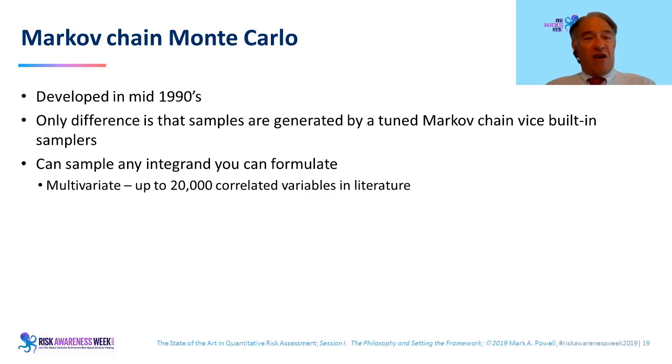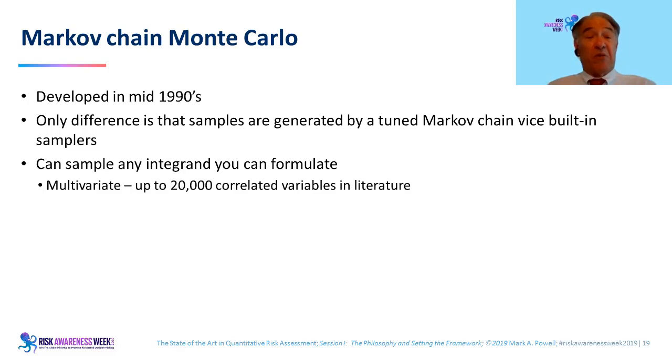In the literature, I have seen multivariate problems where they had up to 20,000 correlated variables sampled with Markov chain Monte Carlo. Now, I'll be perfectly honest with you, I've never run into a problem with that many. I've run into problems with maybe 100 correlated random variables, but never 20,000. But it's been done.